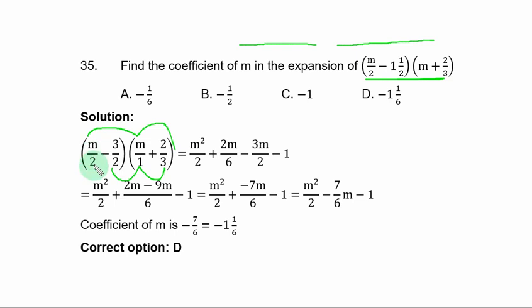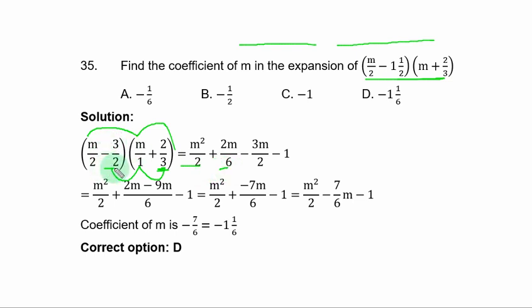So m over 2 times m over 1. That is m squared over 2. 2 times 1 is 2. M over 2 times 2 over 3. That is 2m over 6. You use the second term.